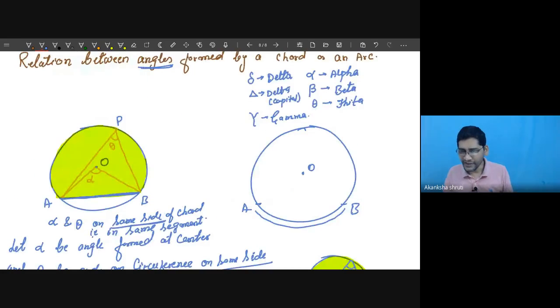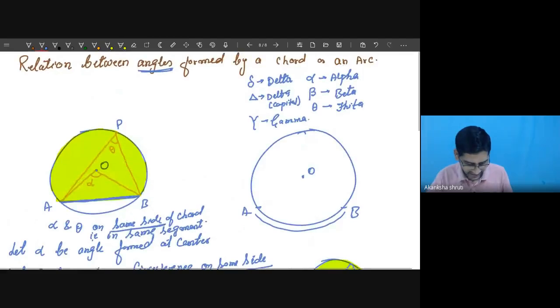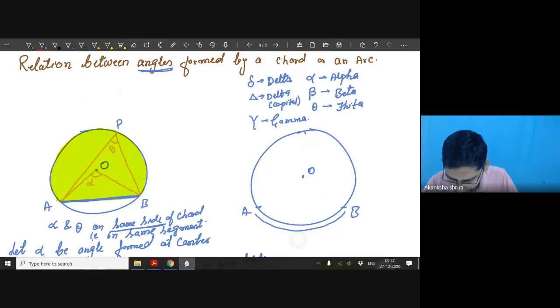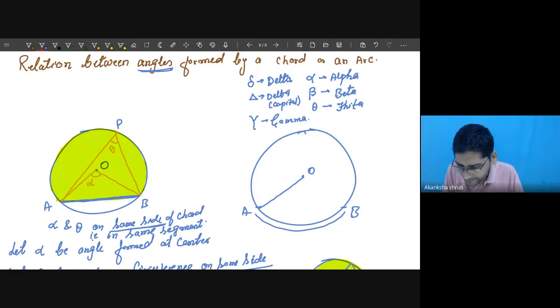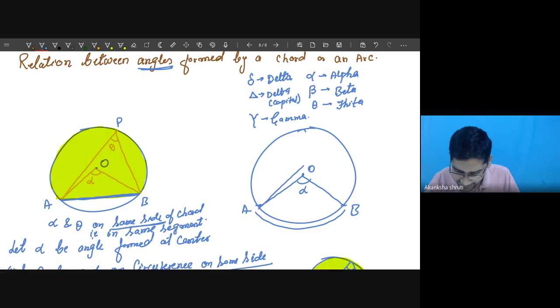There is other way. Even rather than considering the chord AB, even if you are considering the arc AB, making an angle alpha at center, and consider the angle at circumference be theta at point P, still this relation holds good. Alpha is equals to twice of theta. Okay, student?